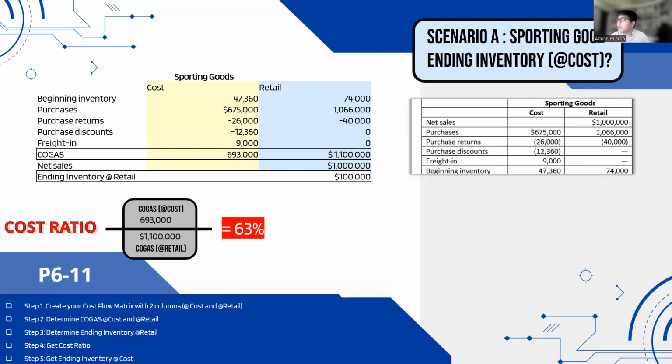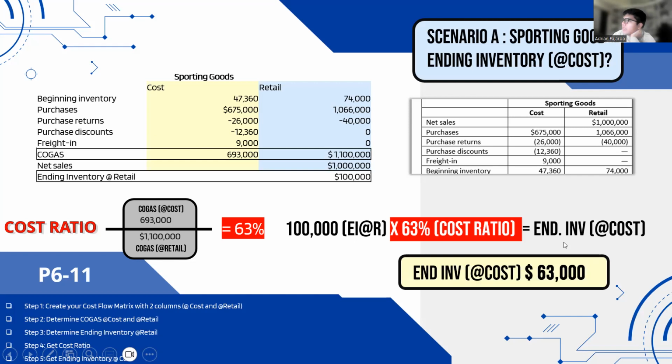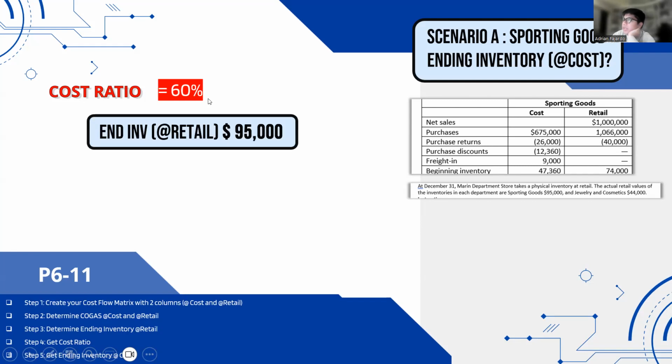Ending inventory at retail times 63% cost ratio is equal to your ending inventory at cost. So that is 63,000.